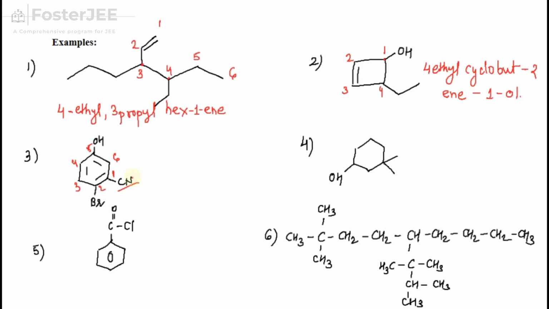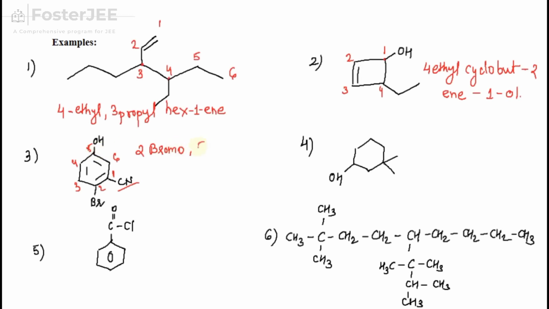So the name of the compound will be in alphabetical order, like 2-bromo. A prefix is used for the least priority functional group. So the least priority functional group is alcohol and the prefix for alcohol is hydroxy, which is present at the fifth carbon.